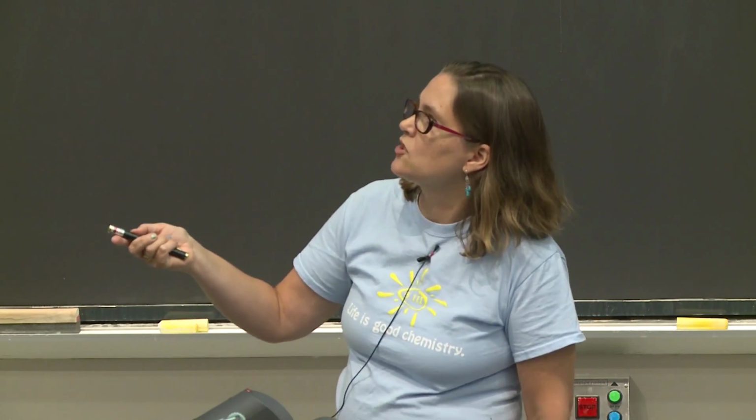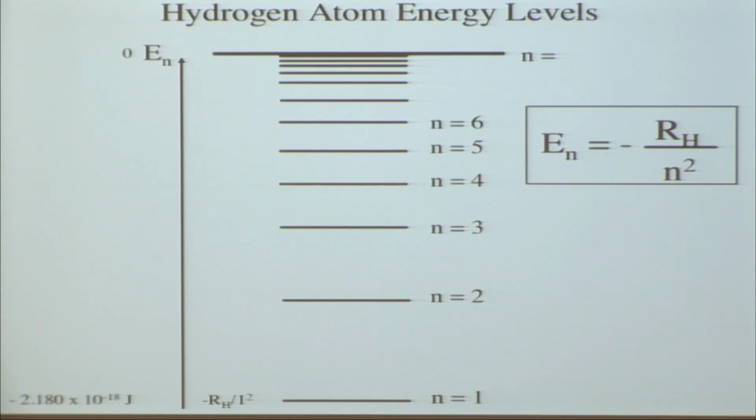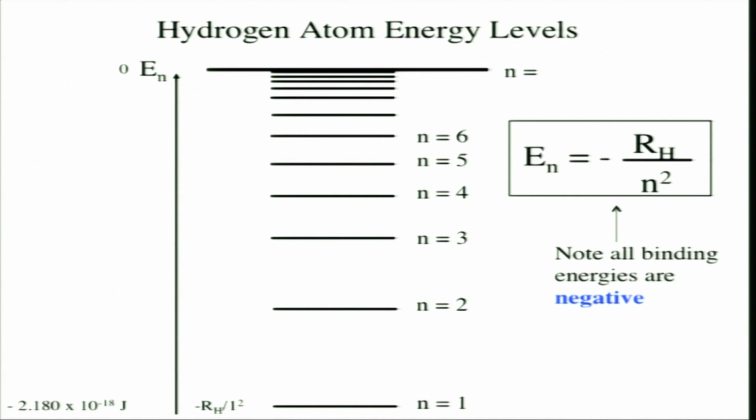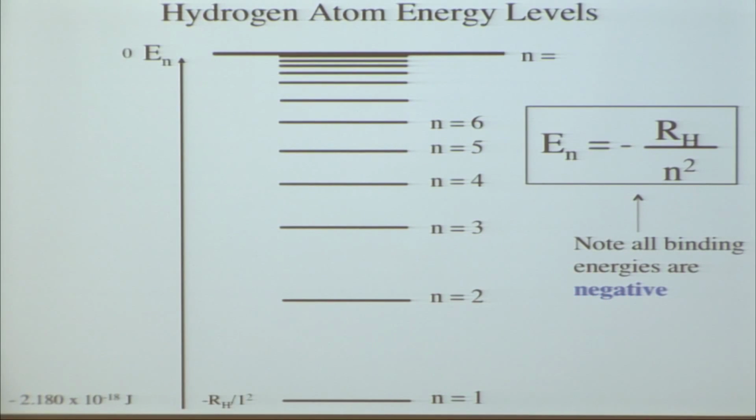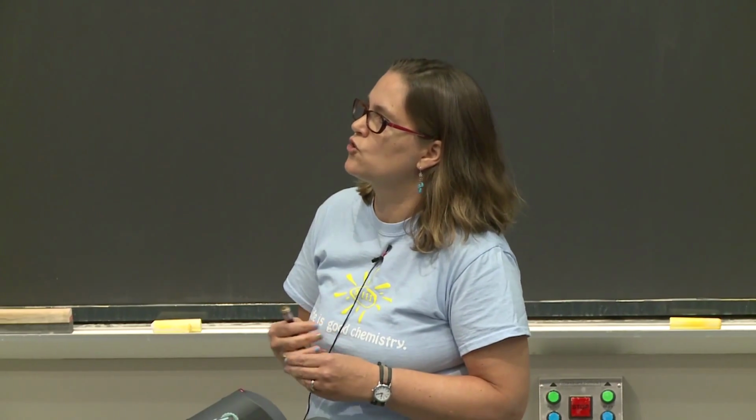Now we have a graphical depiction of this. Note that this is a negative value. If n is 1, we have minus R_H over 1 squared, so we just have the negative value of the Rydberg constant, 2.18 times 10 to the minus 18th joules.